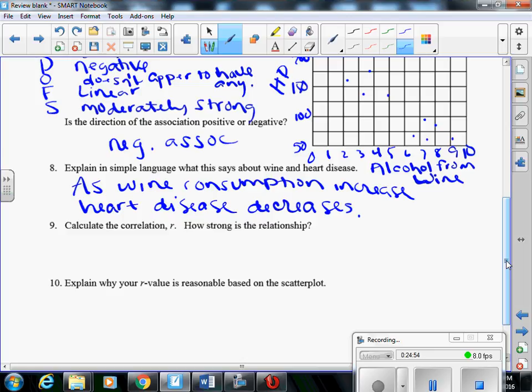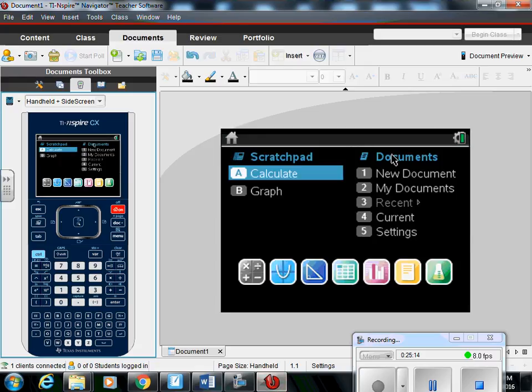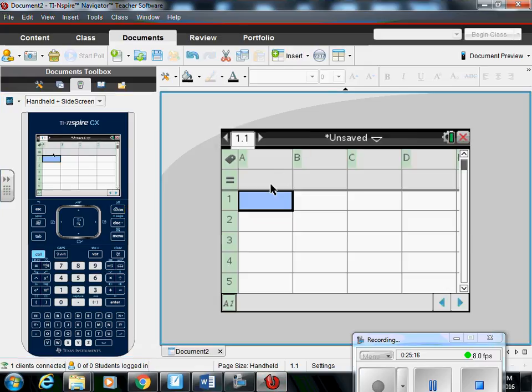Okay, number 9, calculate the correlation R and how strong is this relationship. Now, we could sit here and actually calculate it, but what you should do, and I will try to quickly do this in my calculator, is get your calculator out, start a new document, and do a list and spreadsheet.